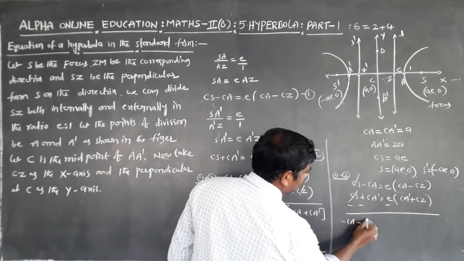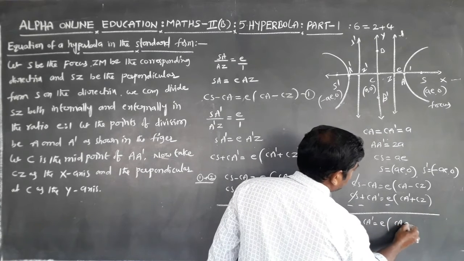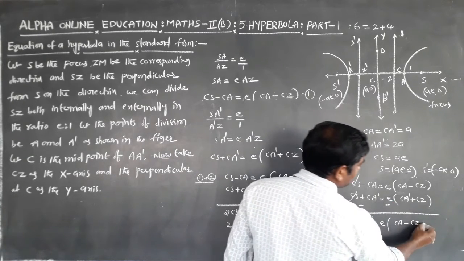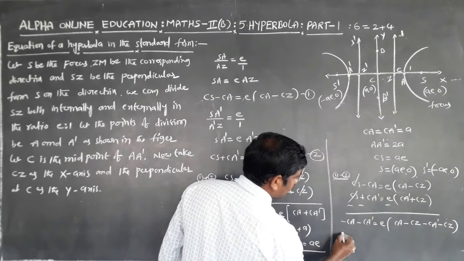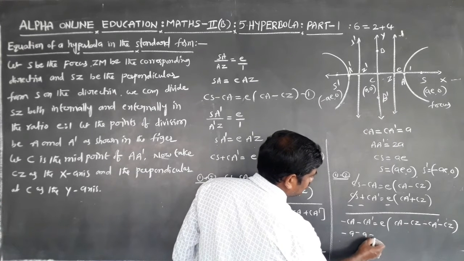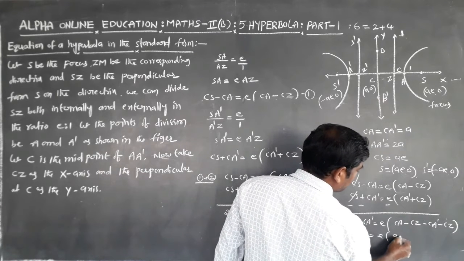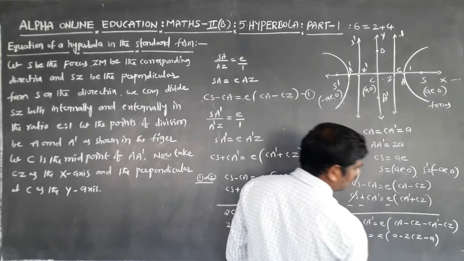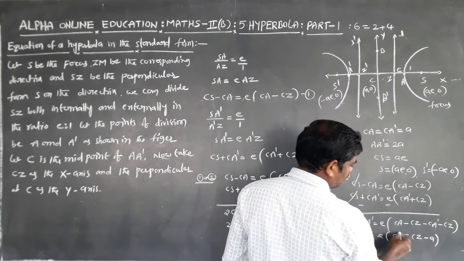Minus CA minus CA dash equal to e common, multiplied with CA minus CZ, where CA equal to a and CA dash equal to a.